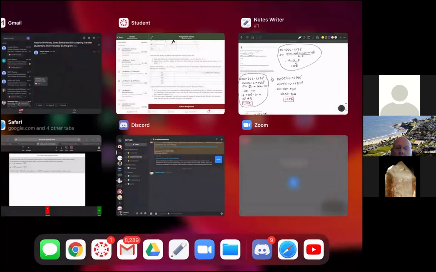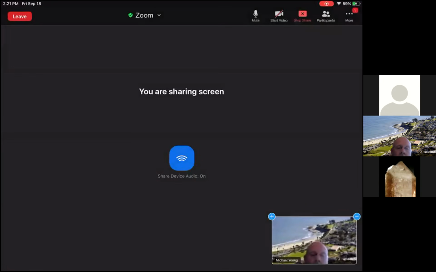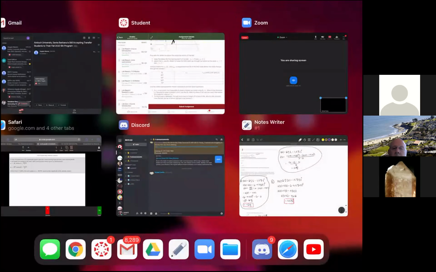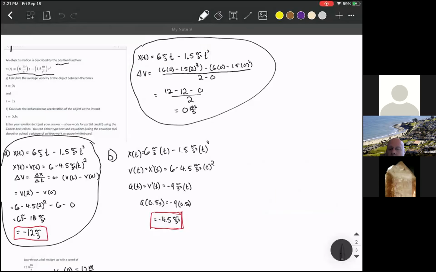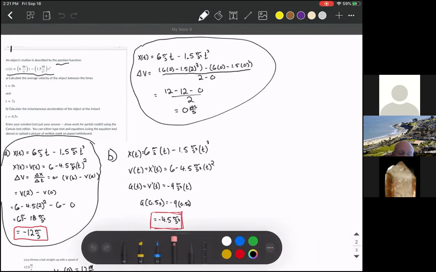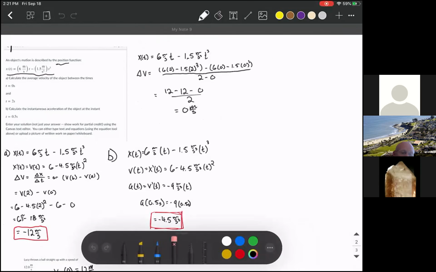Okay, let's start. I think your first one is right, because the average speed is just the change in distance over the change in time.